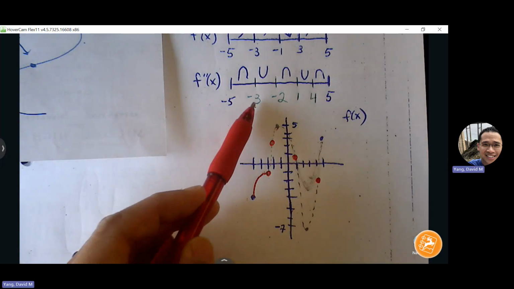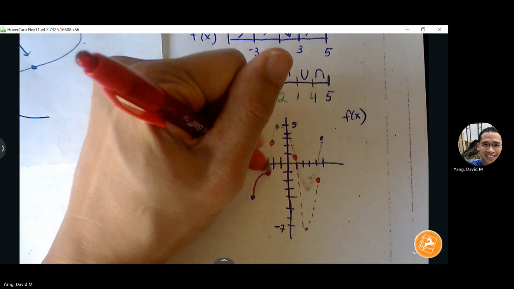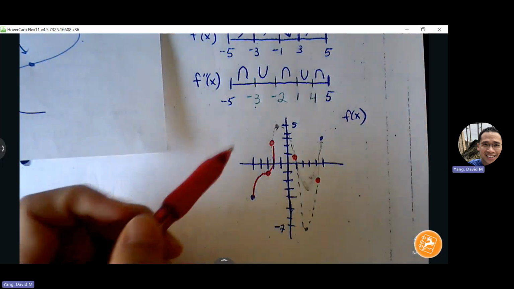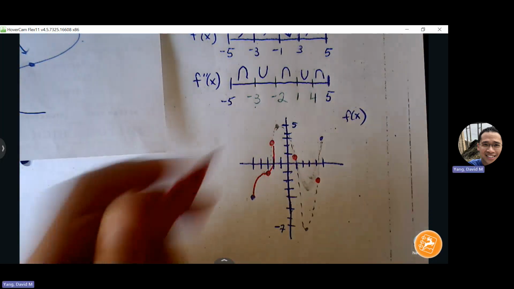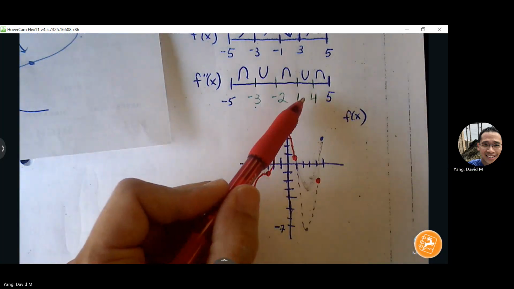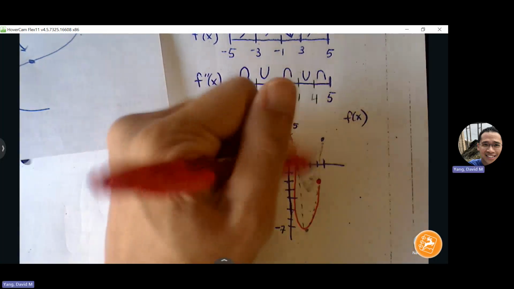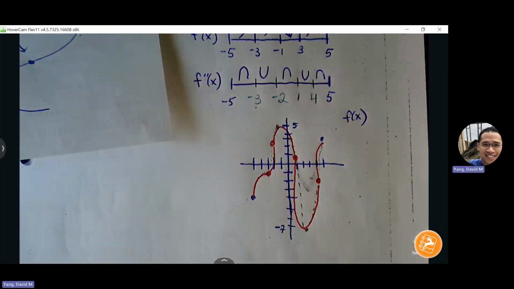Okay. Next up, we switch to concave up. Back to concave down. Finally, concave up. So I'm just kind of over exaggerating those curves to make it fit.